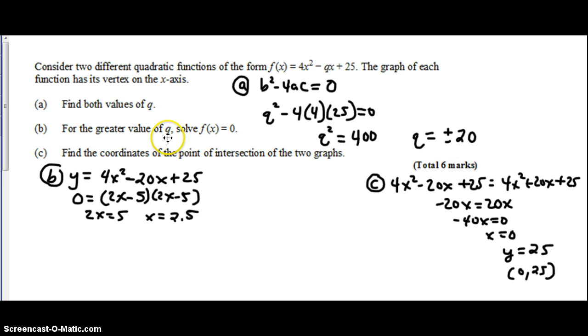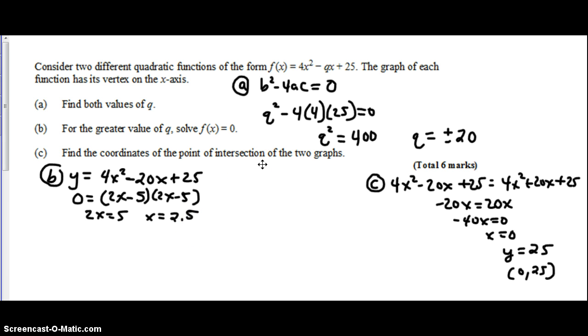Then it asks you, for the greater value of q, to solve for f of x. So our greater value of q would be positive 20, so you plug that in. So minus a positive 20 would be minus 20x, and then solve for f of x, and you get 2.5.